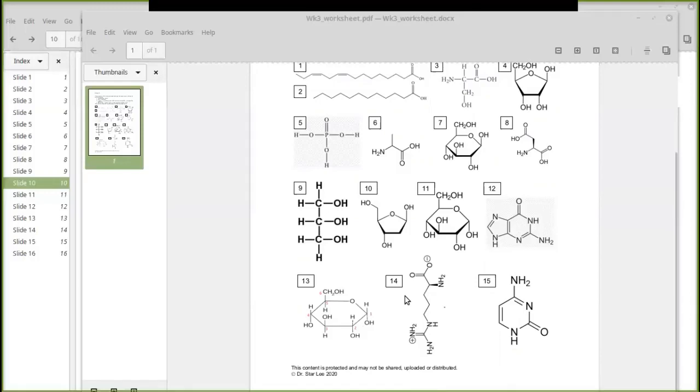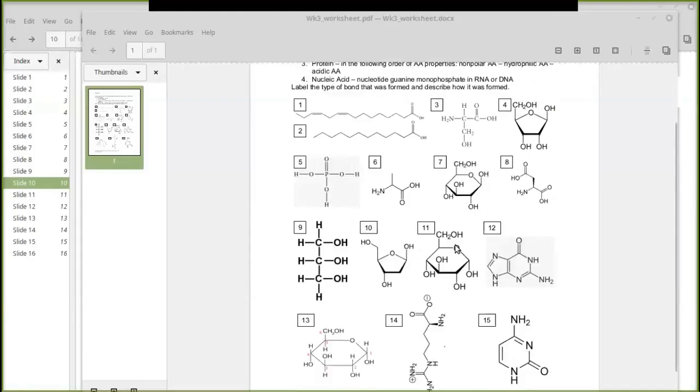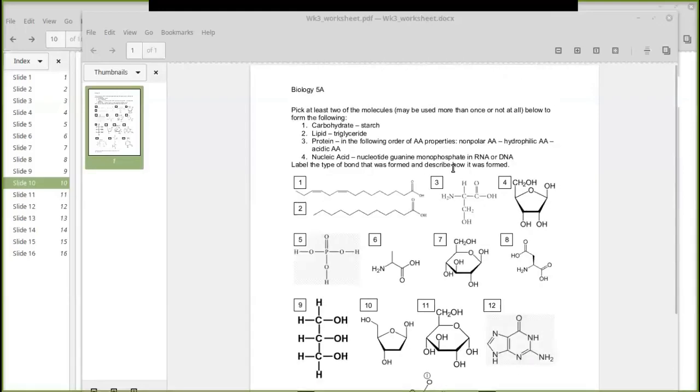Yes or no for 14? You have your carboxyl group, right? And your amino group and your R group. What about 15? Okay. So 14, 6, yeah. So we have our amino acids and non-amino acids, okay?